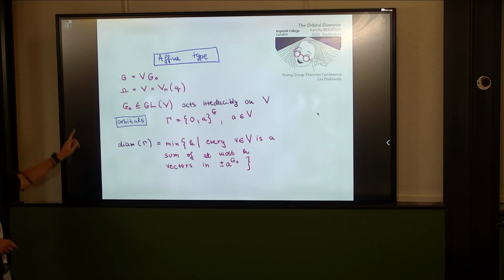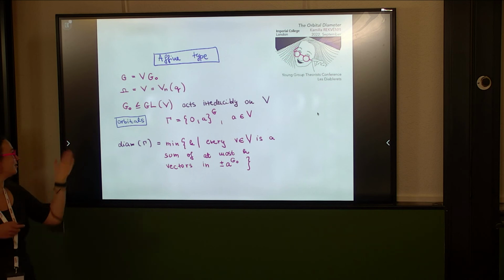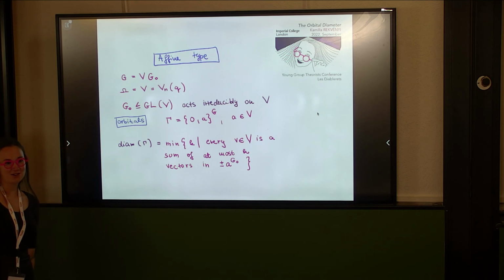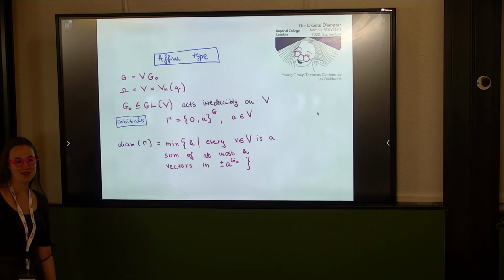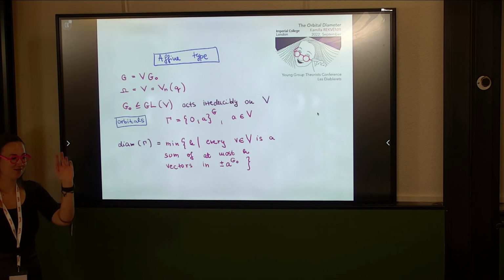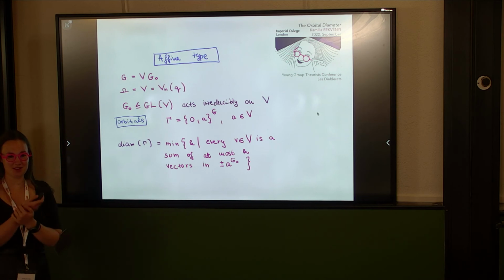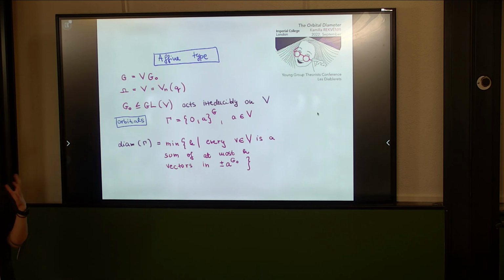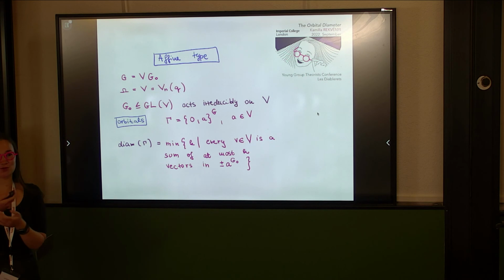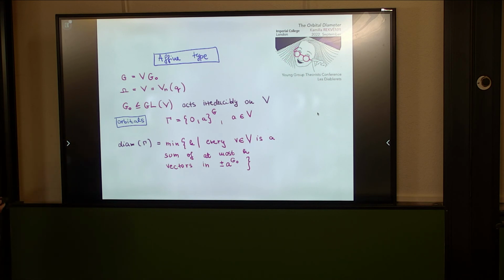So since this g0 is a subgroup of GLV, and it's irreducible, it's quite natural to think about Aschbacher's theorem, and then that just gives us the possibilities for this. So I've been looking at one Aschbacher class, which is the almost quasi-simple cases.